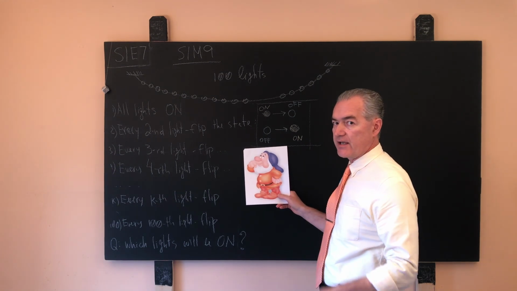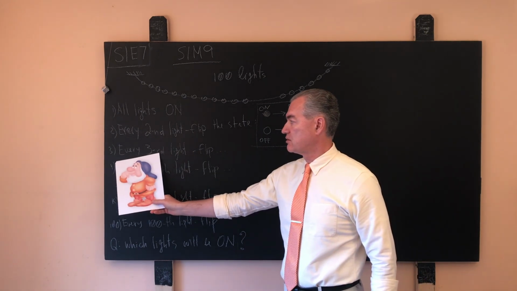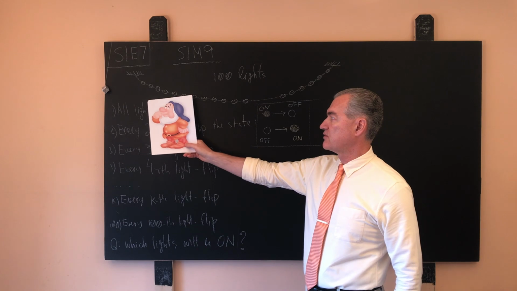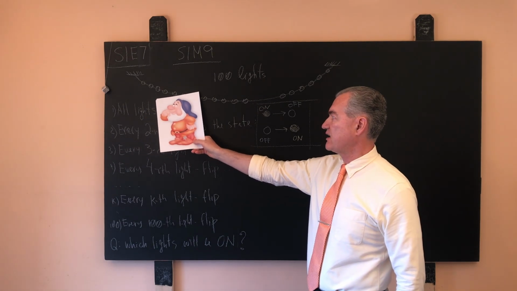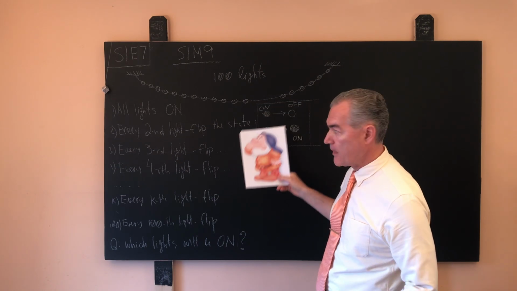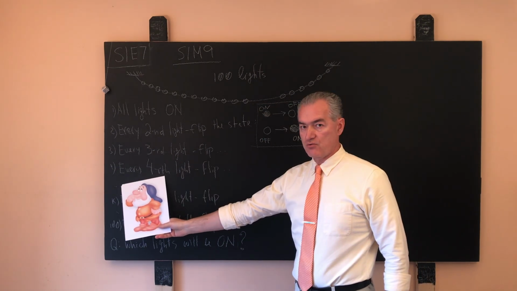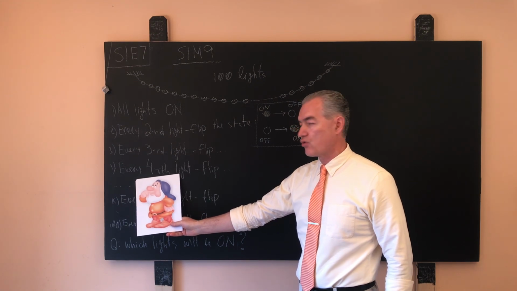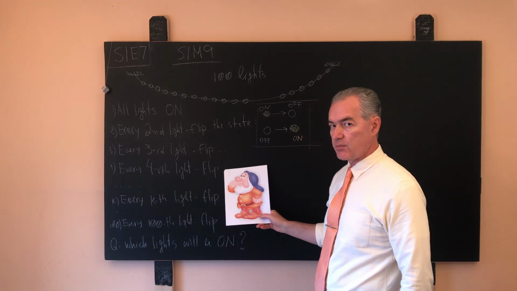Next, on the third walkthrough of the garland, the dwarf flips the state of every third light to its opposite. On the fourth walkthrough, the dwarf flips the state of every fourth light bulb.